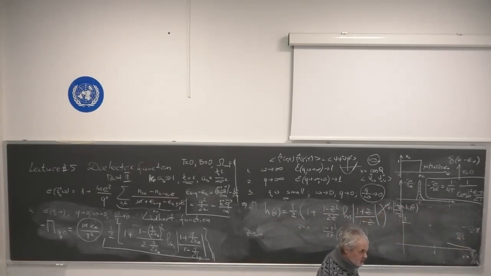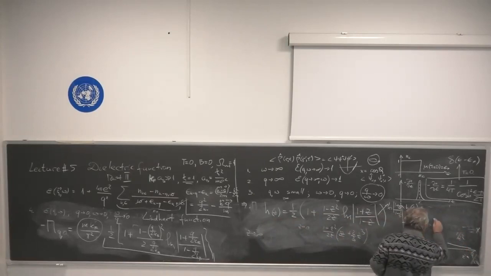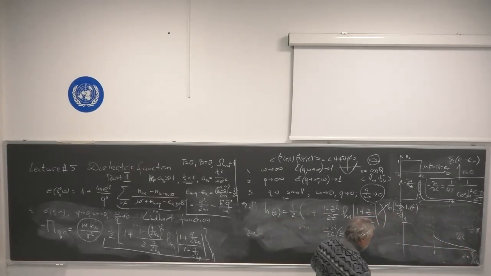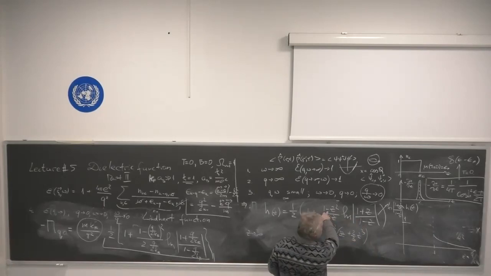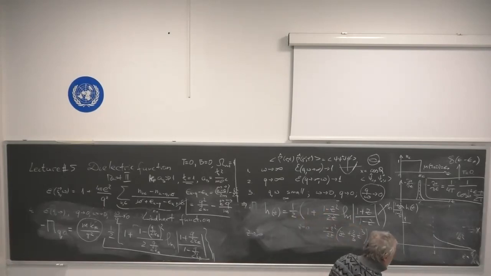So you already see that this function is monotonous. There is something which is happening with it at the argument equal to 1, because the function has some peculiarity at z equal to 1. You see the logarithm diverges. However, there is a coefficient in front of the logarithm which tends to 0.